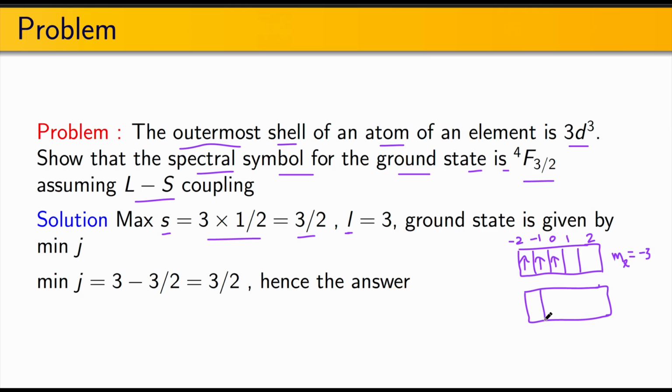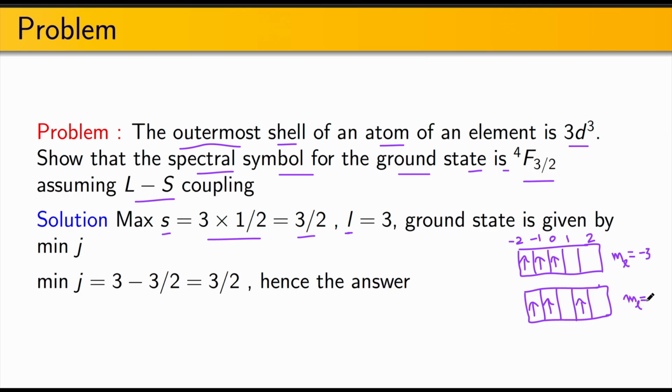So again I divided into 5 compartments. There we have, and then electrons can be like this, and one can go here. So -3 plus 1. So this corresponds to ml is equal to -2.